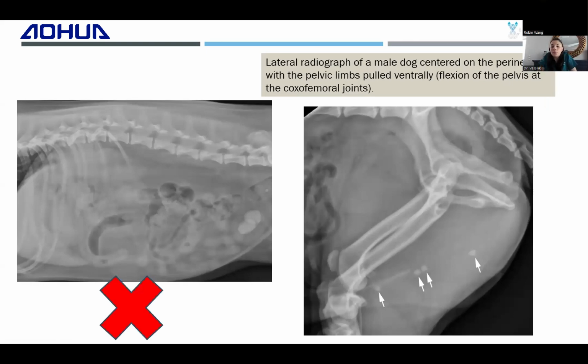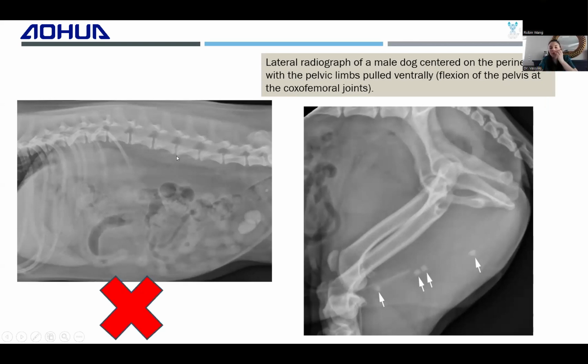And the most important thing that I want you to know is that when you're taking a lateral radiograph, I always do right lateral, left lateral, and a DV projection. So please, you have to include in your radiograph the whole pelvis, because you might miss calculi.